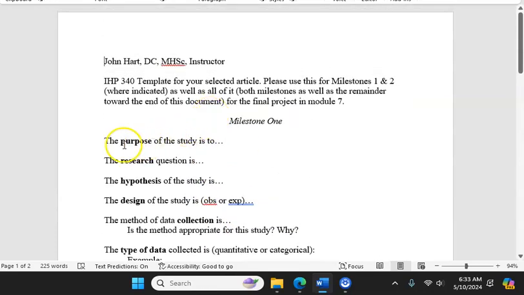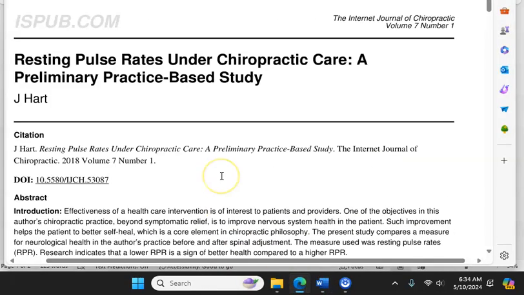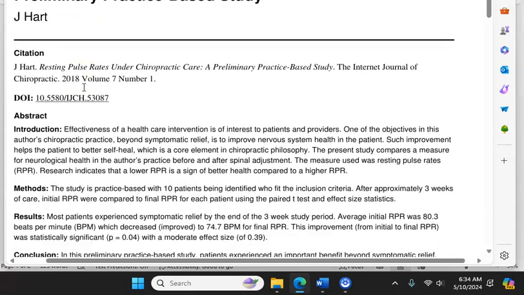The first prompt is asking the purpose of the study and also the research question and hypothesis. Sometimes it can be as simple as gleaning those three in the title. So the purpose, looking at resting heart rates under chiropractic care, that will cover that.